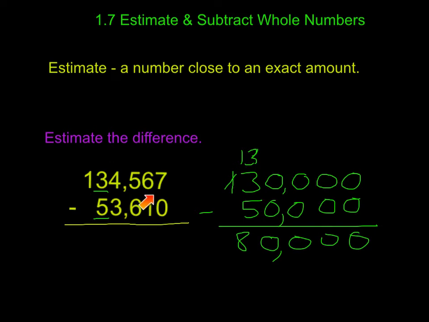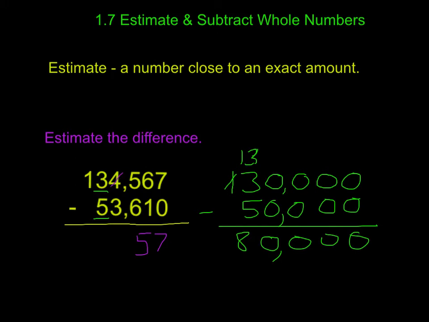So we're going to start in our ones column with our subtracting. And we're going to go 7 subtract 0 is 7. 6 subtract 1 is 5. 5 subtract 6. 5 cannot subtract 6. So we're going to have to come over here, and we're going to have to borrow or regroup from our thousands there.